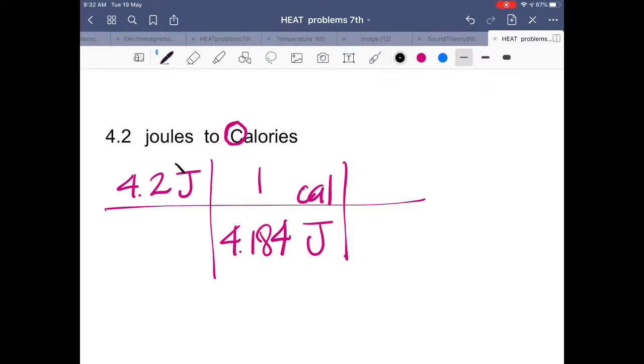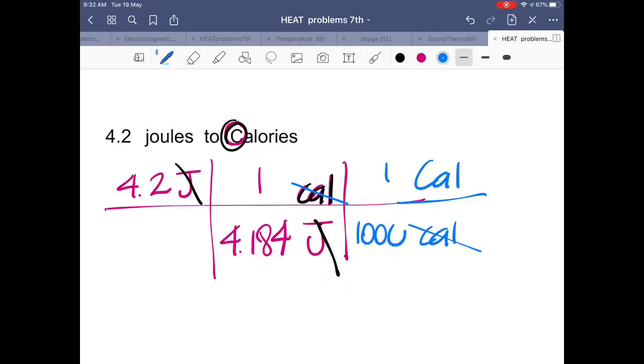So you'll cancel joules with joules and you have calories. But you need capital C. So in order to have your capital C, you will put calories at the bottom so you can cancel, and kilocalories at the top. And you know that in 1 kilocalorie, you have 1,000 calories.